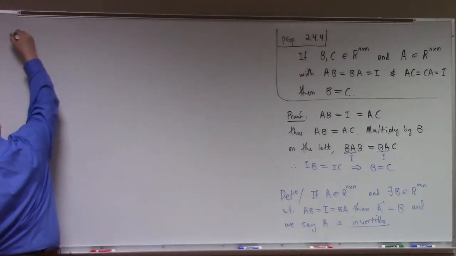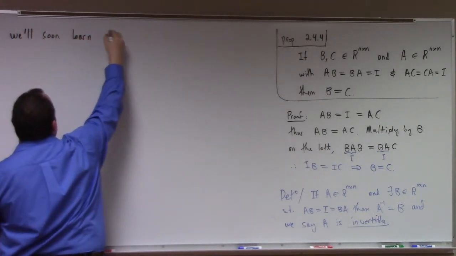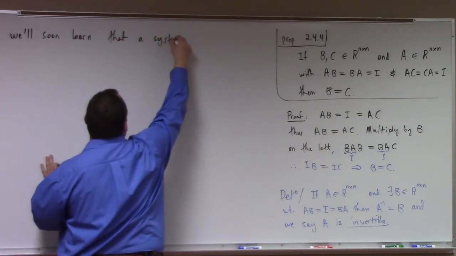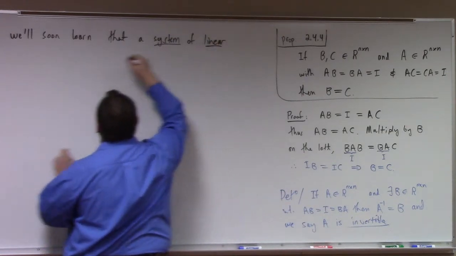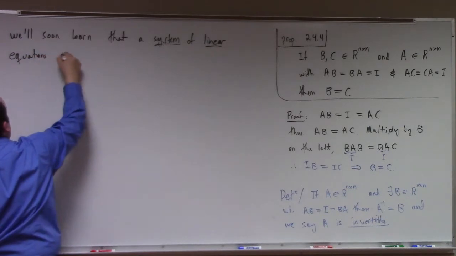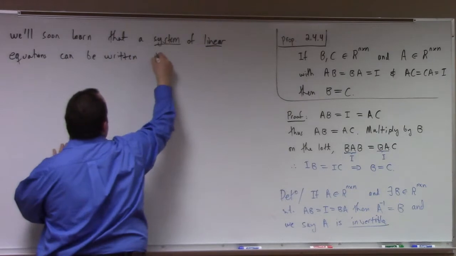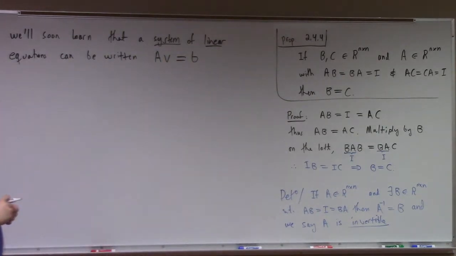So we'll soon learn that a system of linear equations can be written AV equals B, where A is a matrix, V is a vector of unknowns, B is a so-called inhomogeneous term.